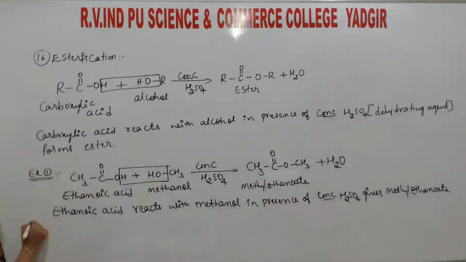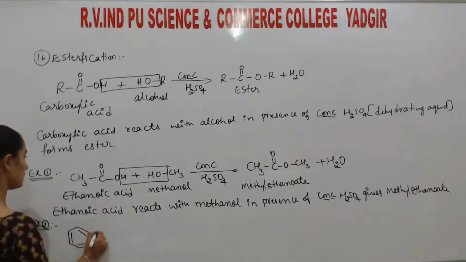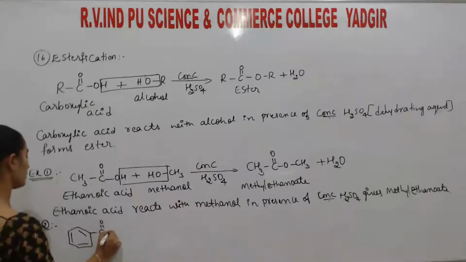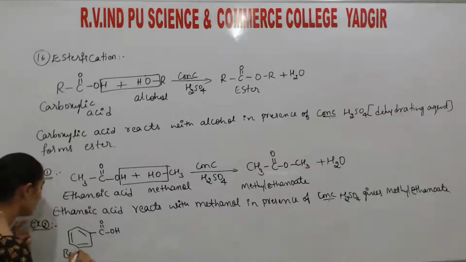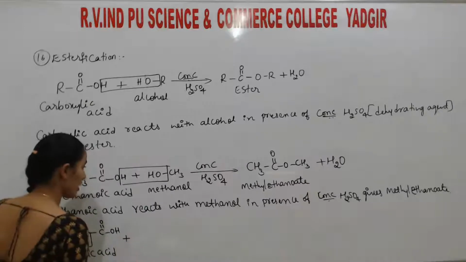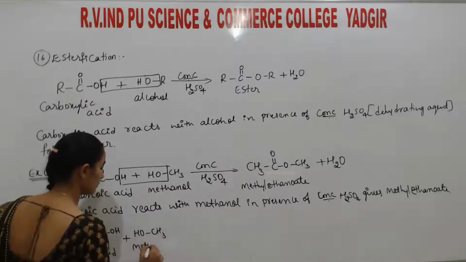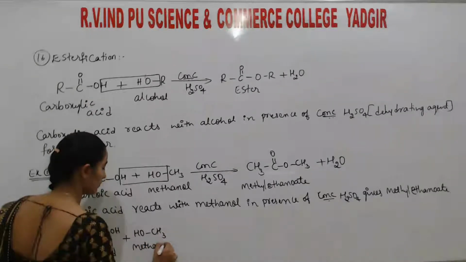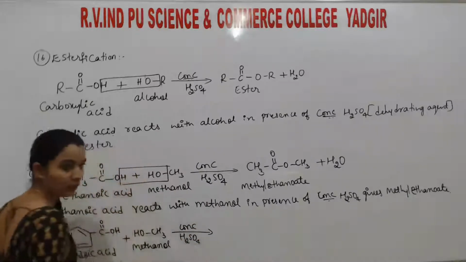Next, take example 2. In this example, take benzene. What is the name of the compound? Benzoic acid, made to react with methanol only, in presence of concentrated H2SO4.